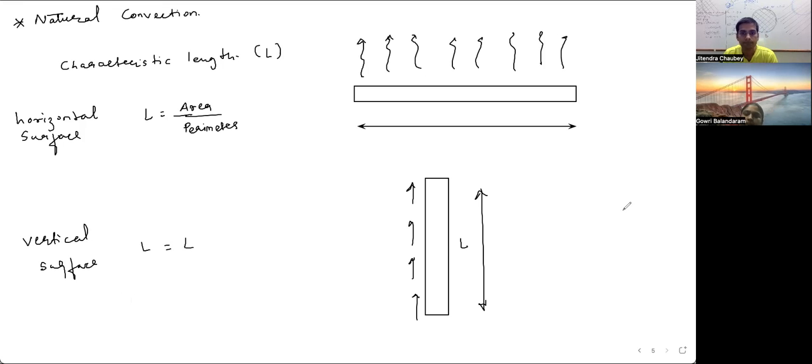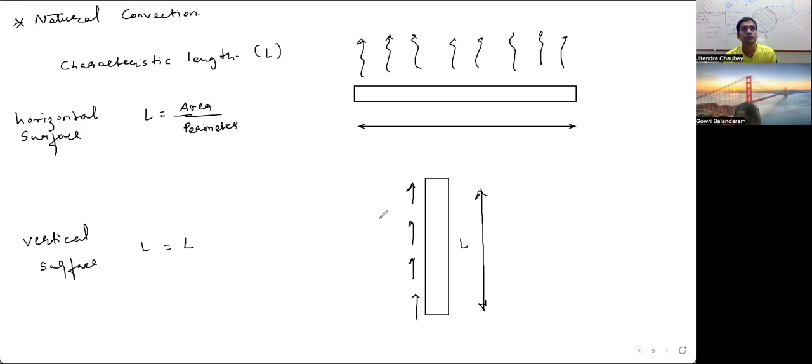So I don't need to find the area. If the surface is vertical, it will again be the span over which the fluid is flowing. If the surface is horizontal, the characteristic length becomes area upon perimeter. So this is where geometrical difference comes into the picture for natural convection.